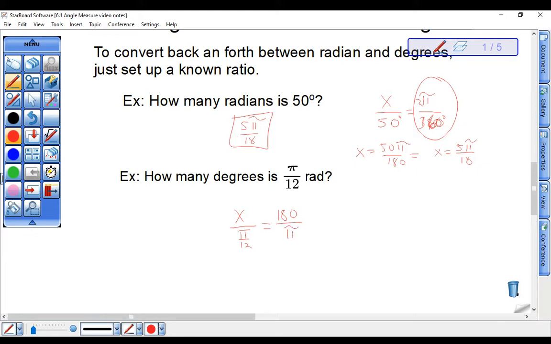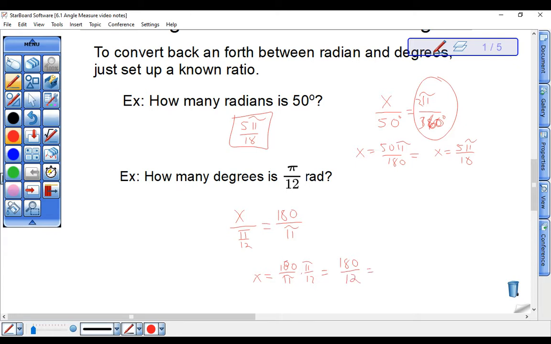Then I multiply both sides by pi over 12 to get the denominator to cancel. Then I get x equals 180 over pi times pi over 12. The pi's will cancel, and I'm left with 180 over 12.